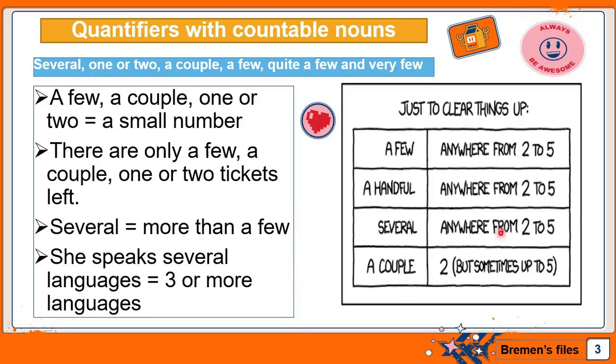Several, just the same, from 2 until 5. A couple, there's 2. When you say a couple of students inside the room, it will be 2, but sometimes a couple of students can be up to 5. That's the meaning of the quantifiers with countable nouns.